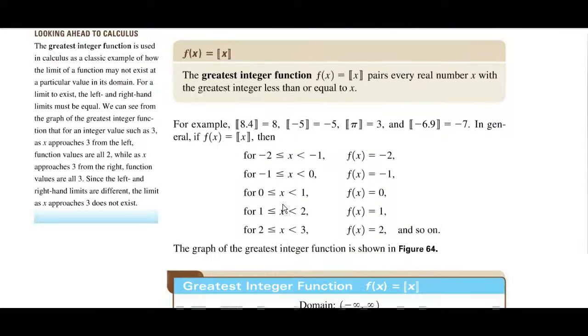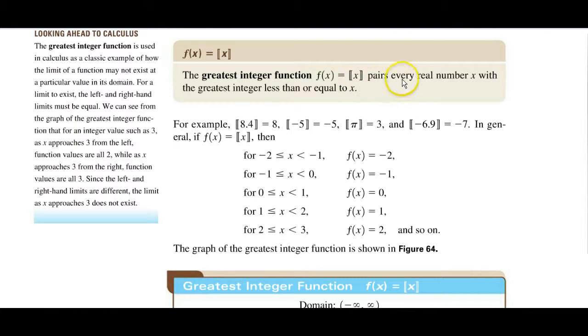Okay, we're now going to look at what is called the greatest integer function. And this is written in a kind of a funny way here. It's like double brackets.